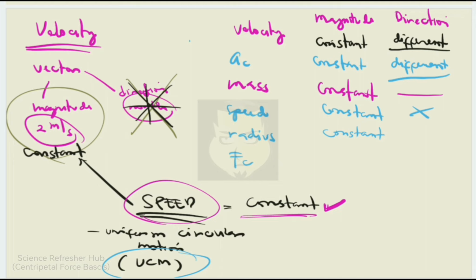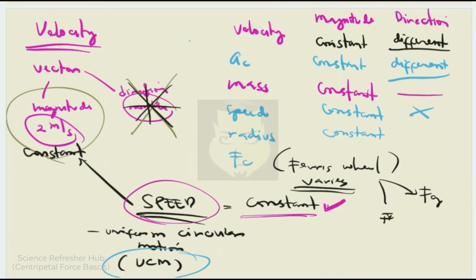Centripetal force depends on the value of your velocity, acceleration, mass, speed, and radius. It depends upon the situation because centripetal force in a Ferris wheel varies in magnitude because we have the combination of the gravity and the normal force.